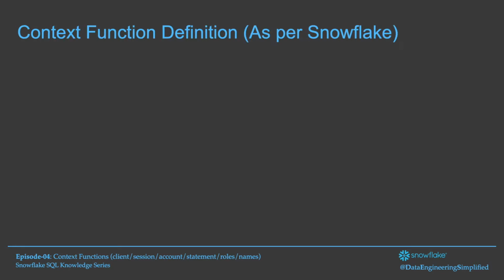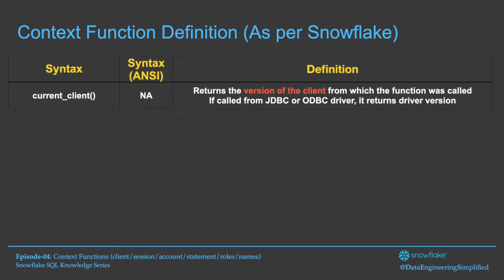So let's quickly see the definition of context functions as per Snowflake. First is current client. If ANSI is not supported, it means that you cannot use that context function without brackets. Snowflake provides different clients to interact with a Snowflake instance. Snowflake Cloud Data Warehouse has many interfaces, for example, JDBC, ODBC, Snowsight, SnowSQL, and many more.